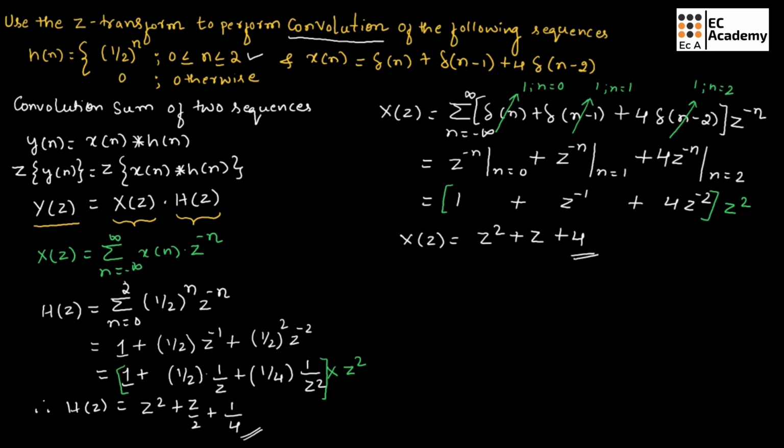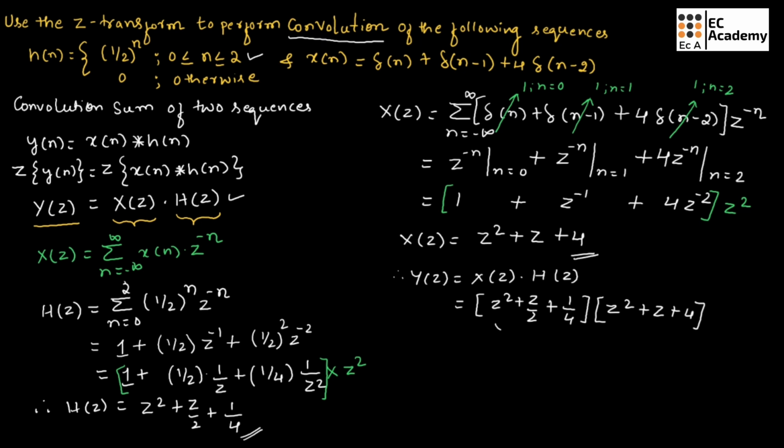So we need to find Y of z, which is X of z into H of z. Therefore, we can write Y of z is equal to X of z into H of z. If we substitute the value of X of z and H of z, we will get z square plus z/2 plus 1/4, we can multiply this with z square plus z plus 4.